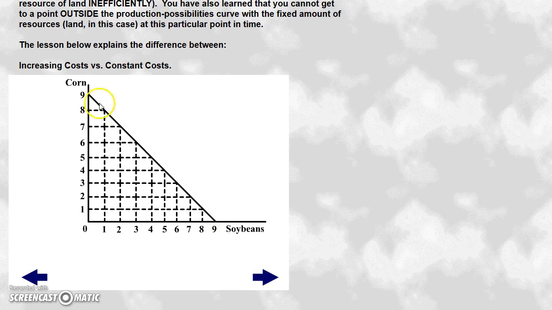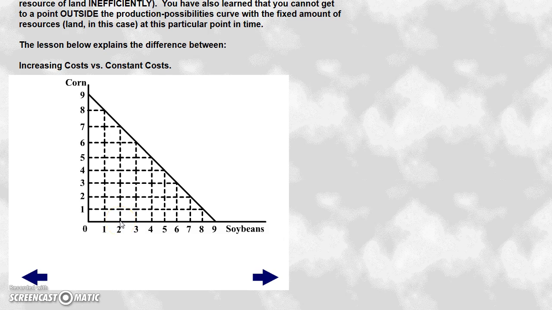It's that straight line. So if you're producing 8 bushels of corn, you are producing 1 bushel of soybeans. If you decide to increase your bushel of soybeans to 2 units, you're now producing 8 bushels of corn, and so your opportunity cost was 1 bushel. And you can see that that constant cost, it's the exact same.